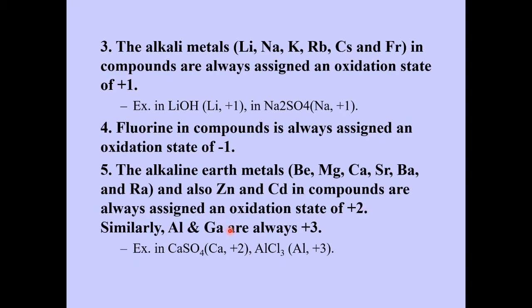Aluminum and gallium, those are group 13 metals. Yep, you guessed it, always have a +3. So right now, this is technically new, but like I've said already, it's just reflecting rules we already kind of know. If it's group 2, it's a +2. If it's group 13, it's a +3. So here we have calcium sulfate, that calcium is a +2. Aluminum chloride, that aluminum is a +3. Those rules are set in stone, they never change. Group 2 is +2, group 13 +3.